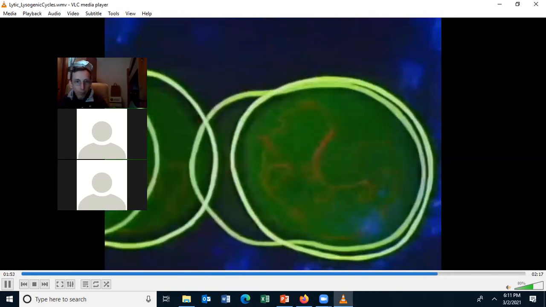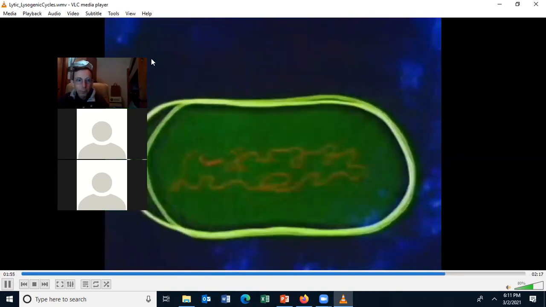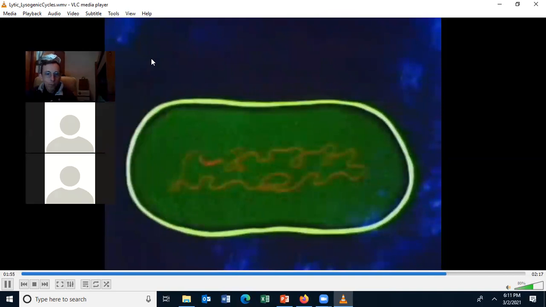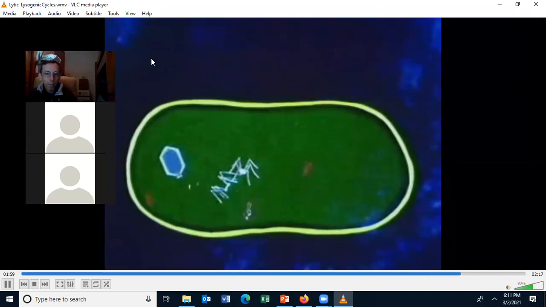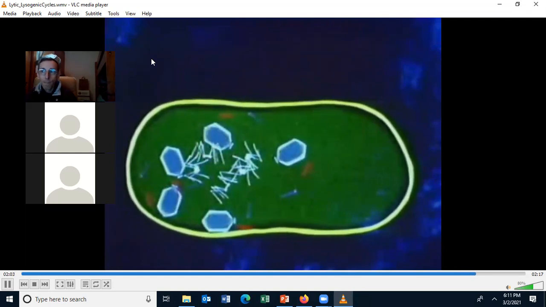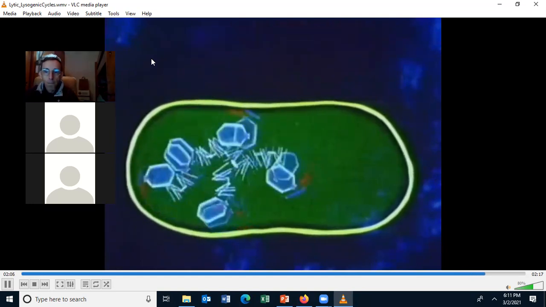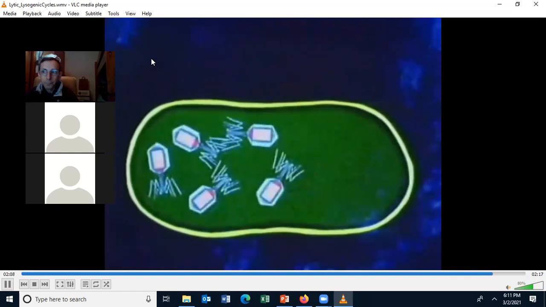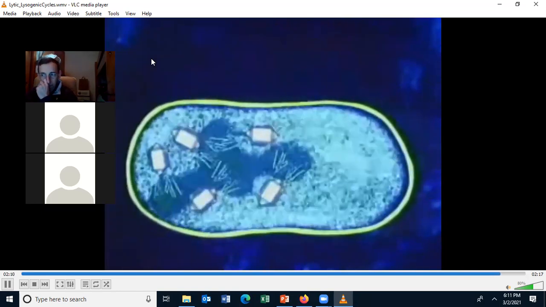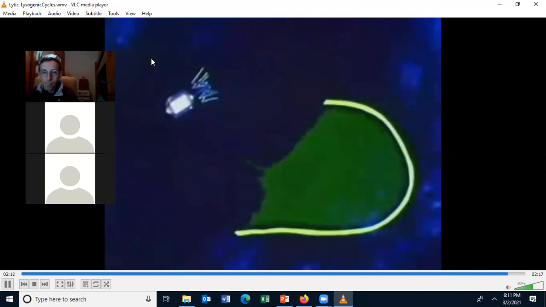Then suddenly, for reasons that are still unclear, the phage DNA activates and the destructive lytic cycle begins. Once again, the host cell is destroyed, and a new generation of phage are released to invade new hosts.